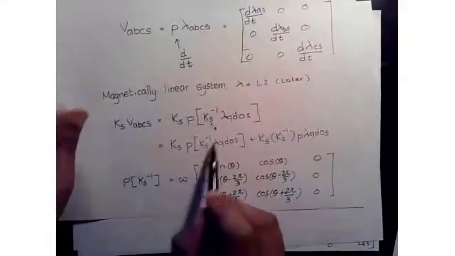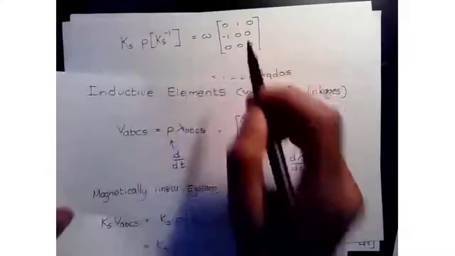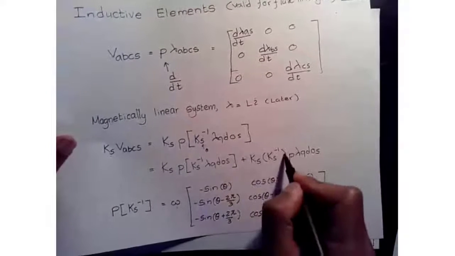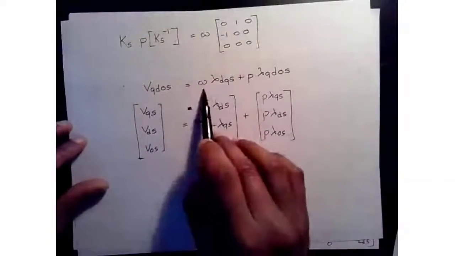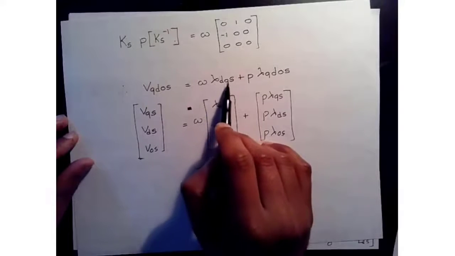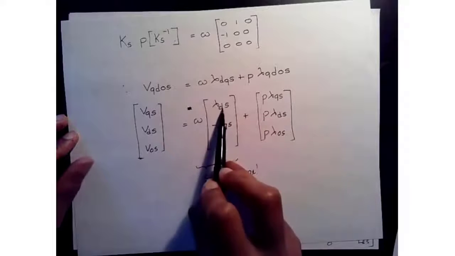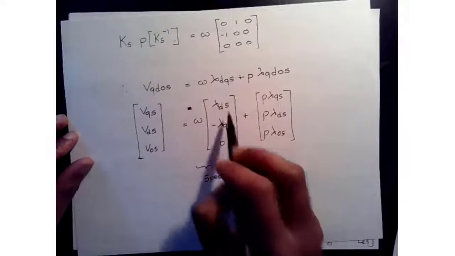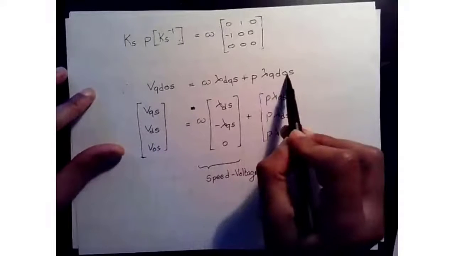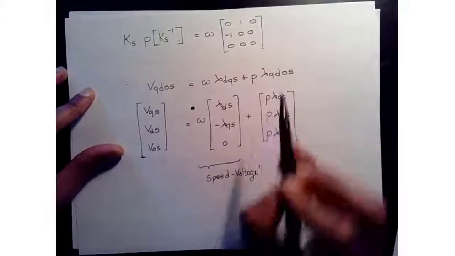So this becomes all that times lambda qd0s, and ks times ks inverse is basically 1. Therefore, we are left with this relationship. Okay, so omega times lambda dq. See that swap of the variable qd to dq, because of this product, it actually swapped the variables that go into the q axis. So here this remains the same.